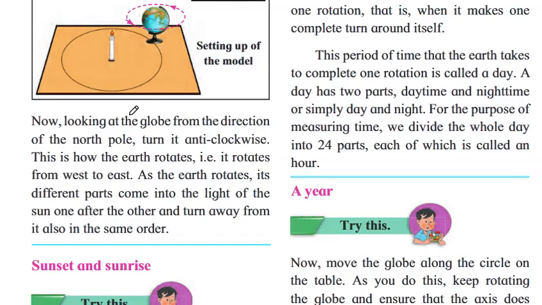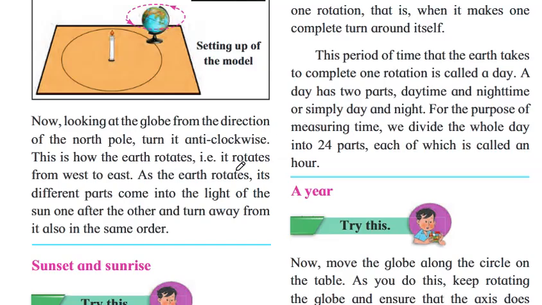Now, looking at the globe from the direction of the North Pole, turn it anti-clockwise. This is how the Earth rotates. It rotates from west to east.